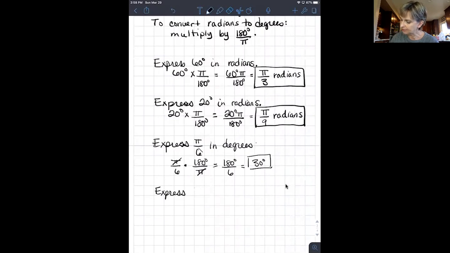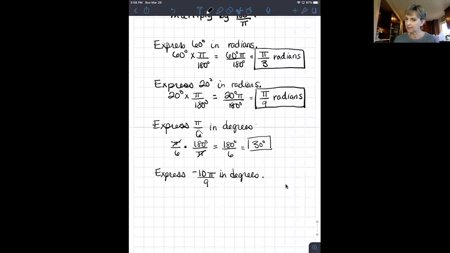Let's do negative 10 pi over 9 in degrees. Now if your question has an angle that's negative, your answer will too. It'll still be negative. It doesn't change. Go ahead and pause and solve it.